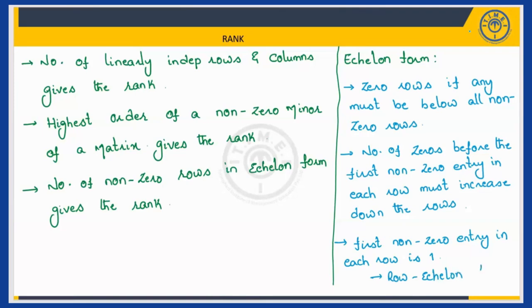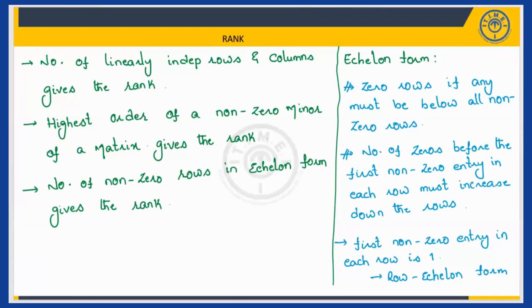So if a matrix satisfies only the two conditions, we simply say it is an echelon form. And if it satisfies the third condition also, then we say it is in row echelon form.